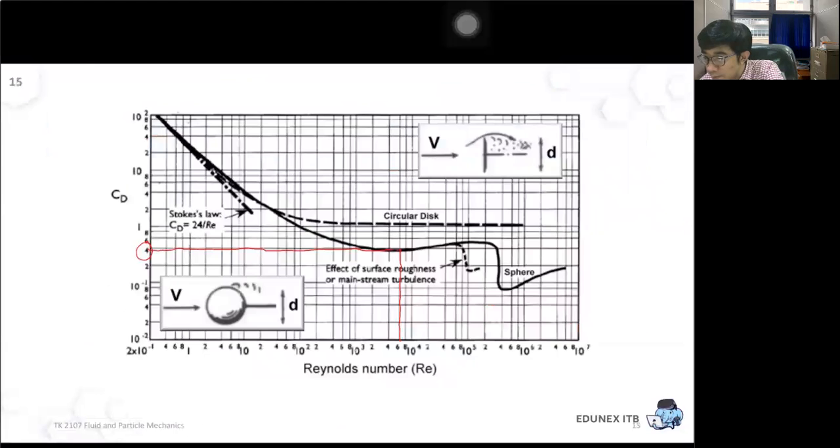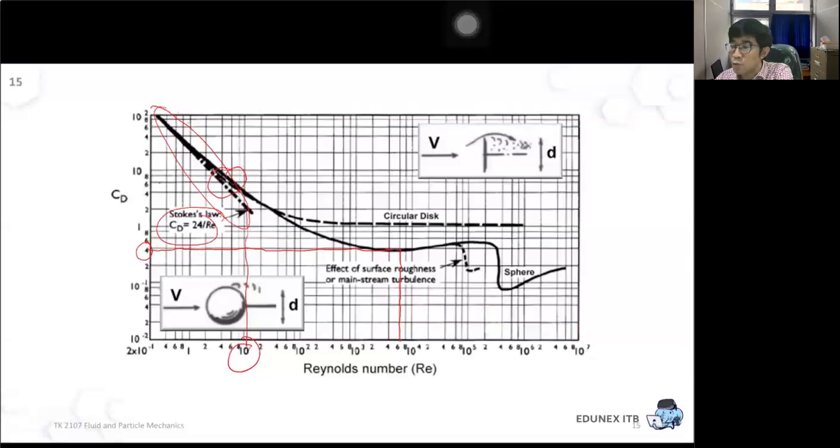So for this graph, it goes until 10, right? If the Reynolds number is less than 10, then you can calculate the drag coefficient using the formula. But actually, it's not really precise if it's already near 10, so maybe it's only precise until this one.